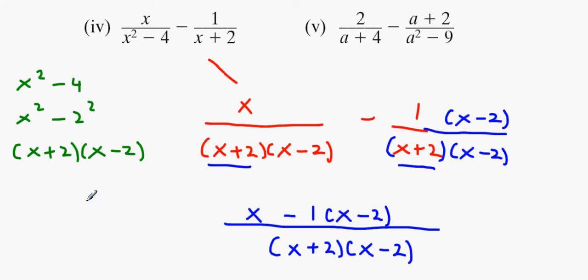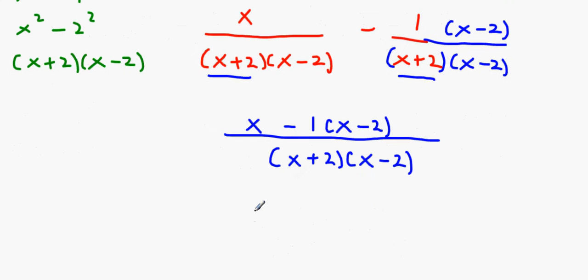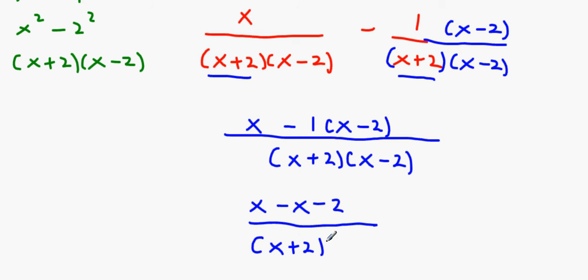Therefore this answer is going to be x minus 2 all over x plus 2, x minus 2. And the answer will be minus 2 over x plus 2, x minus 2.